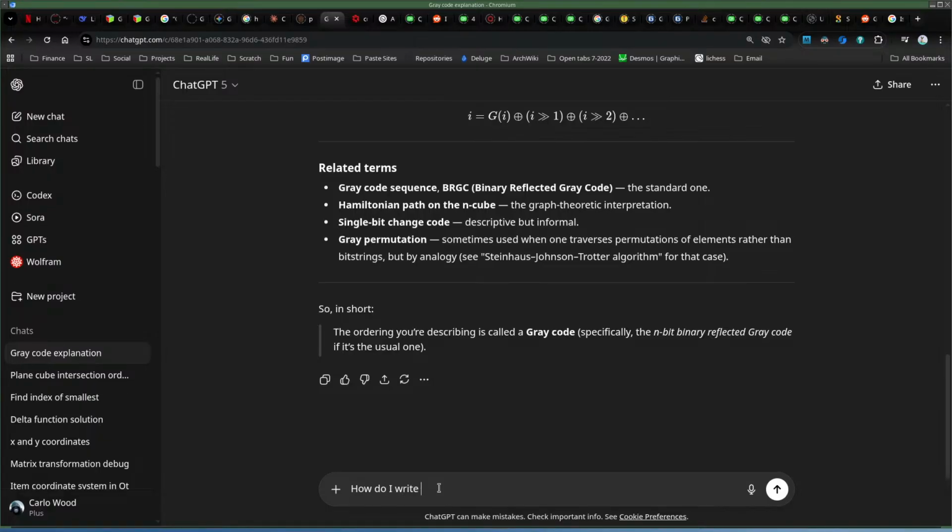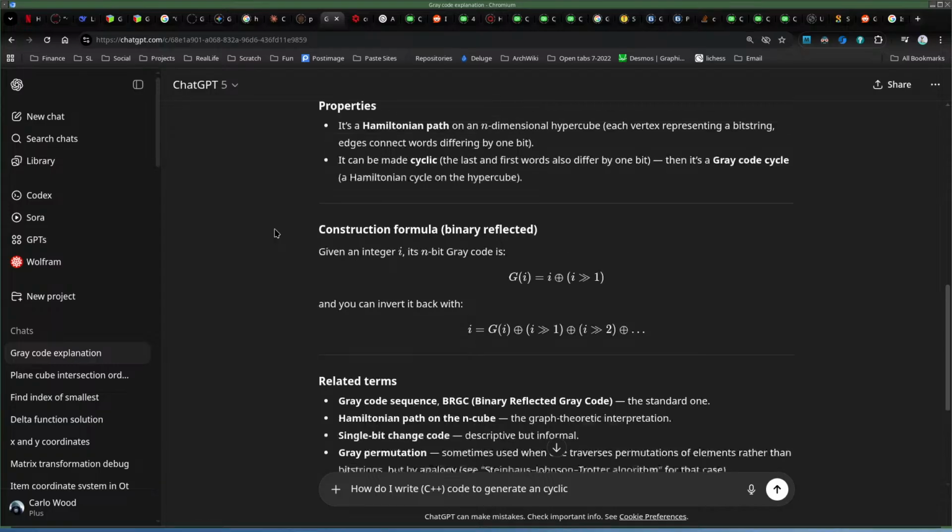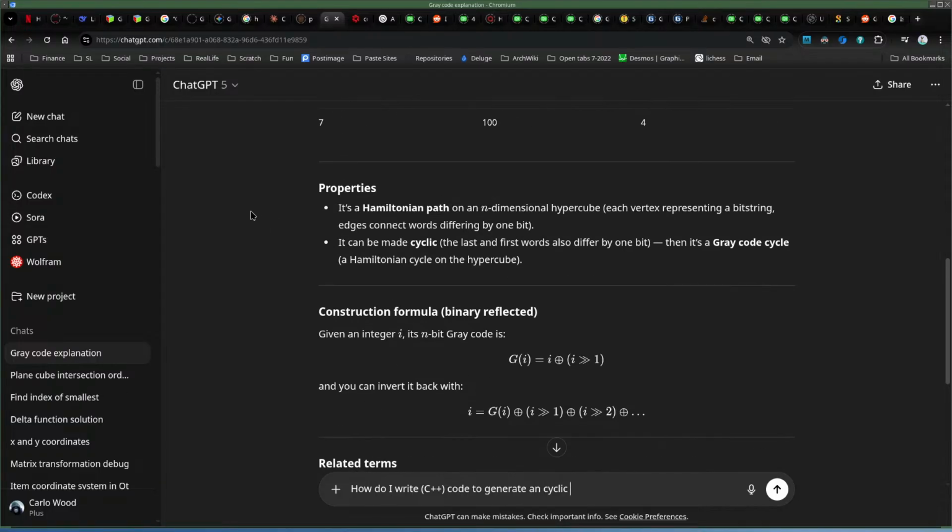How do I write C++ code to generate a cyclic Gray code, whatever.